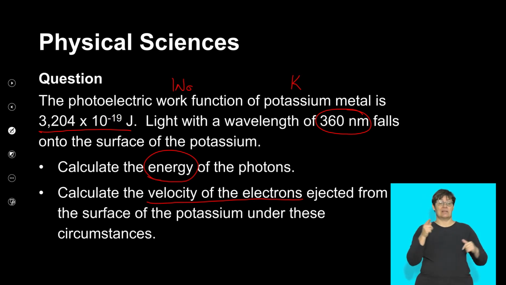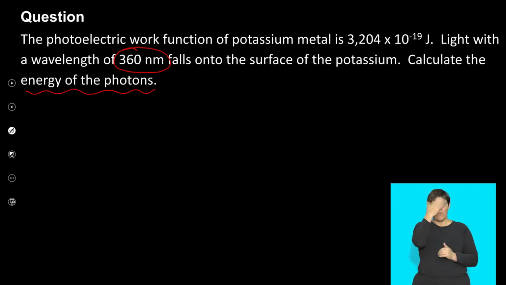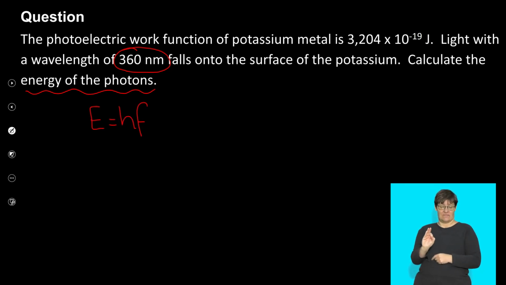So let's start at the beginning. We know the work function. This is the problem that now we sort of hit a roadblock, because they want the energy of the photons. We know that E equals hf, but I wasn't given f.